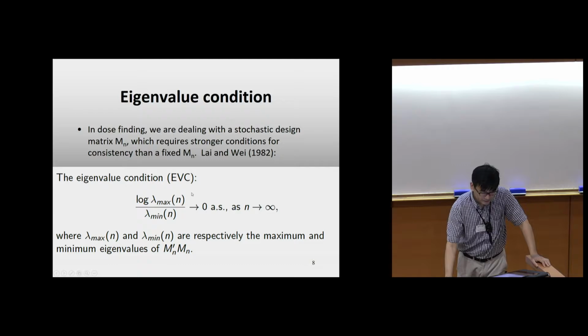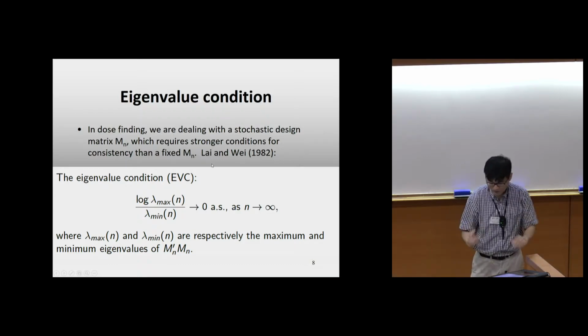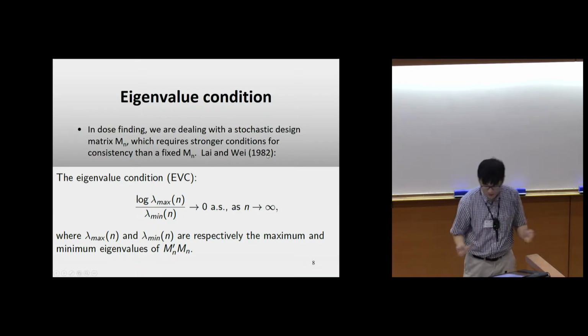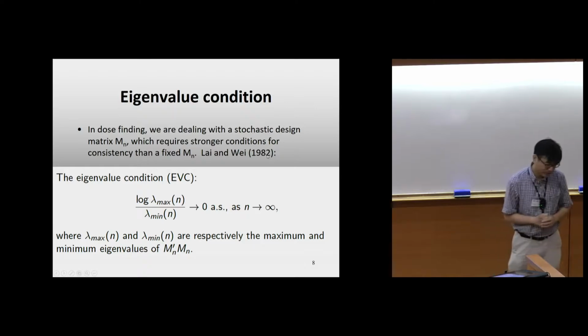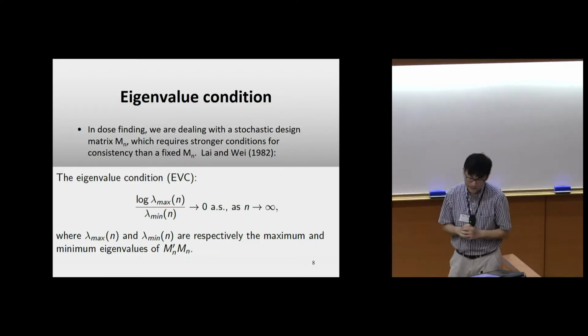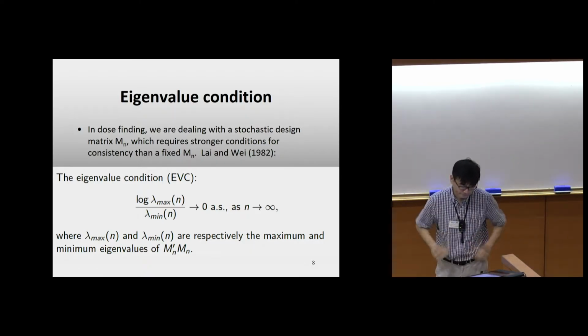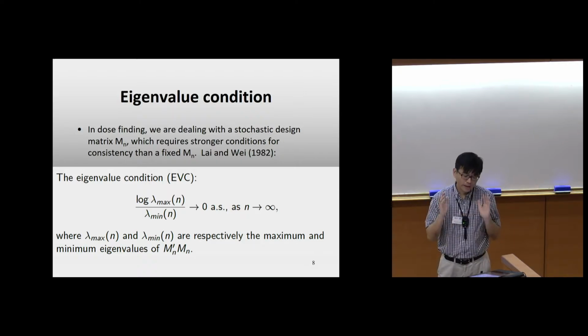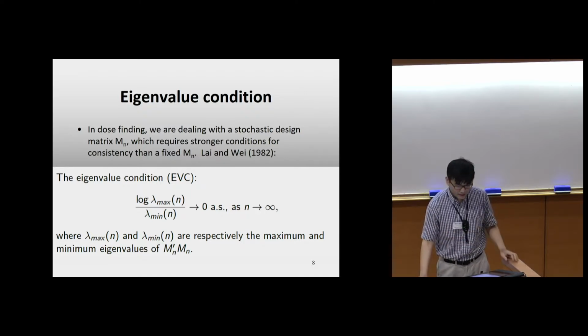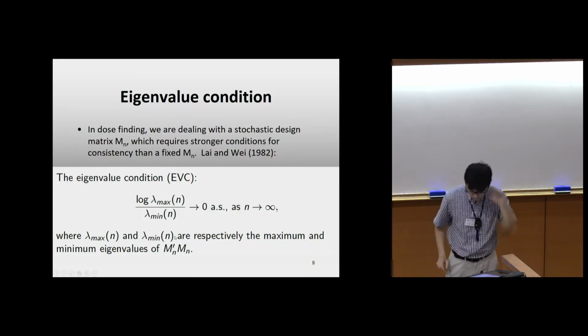And again, this is not a new theory. It actually was discussed in a seminal paper in the 80s by Lai and Wei. So we are in a stochastic regression problem under which the least square estimation will be consistent only if this condition holds.